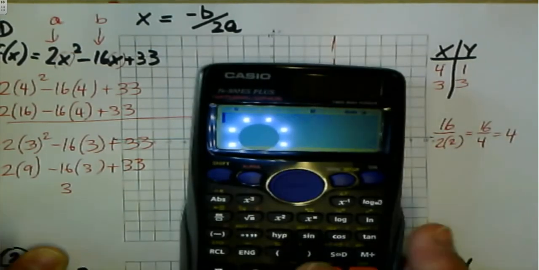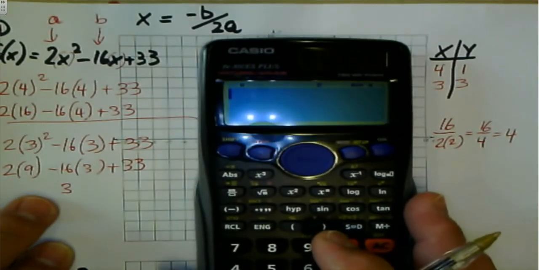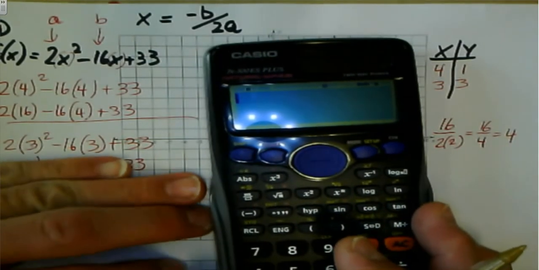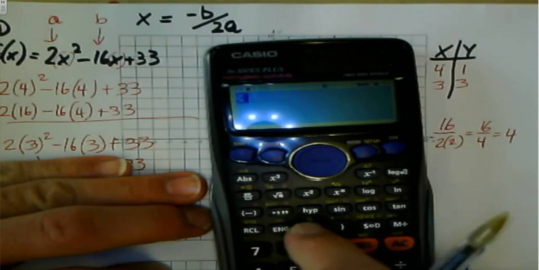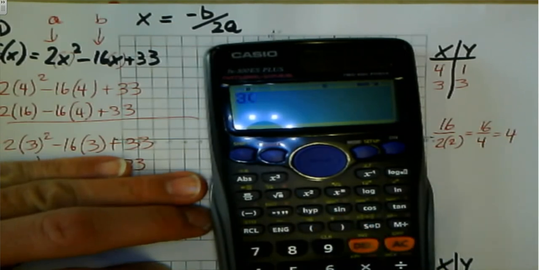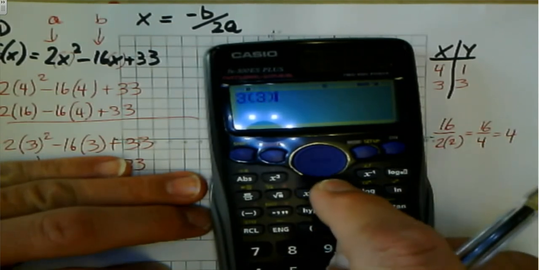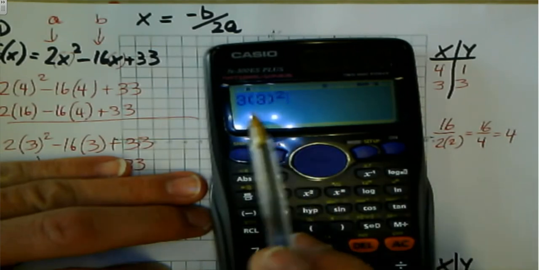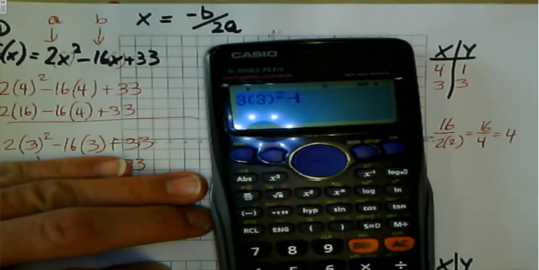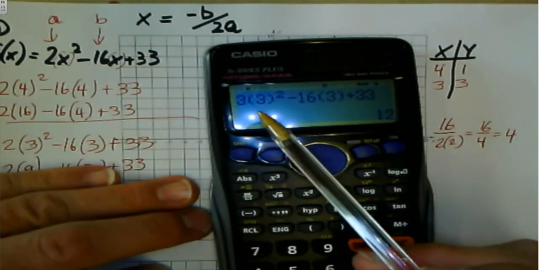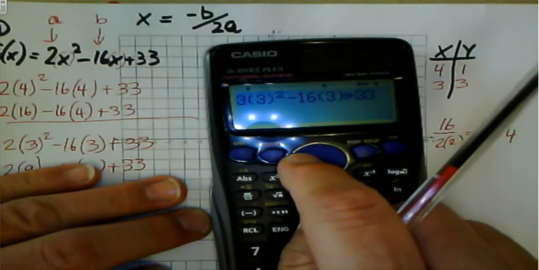Now, here's the other thing. You guys here with these calculators, you can actually enter in the top one. 2 parentheses 3 parenthesis, you square it. That's the square button. You can see it there. Minus 16 parenthesis 3 parenthesis plus 33. Whoops, did I miss something? Oh, that's a 2 right there.